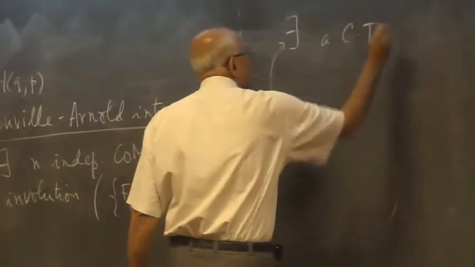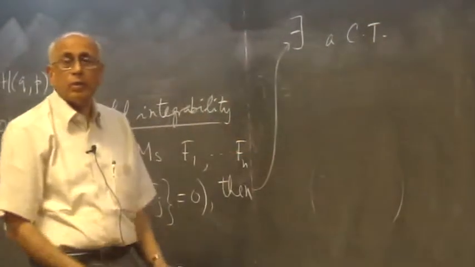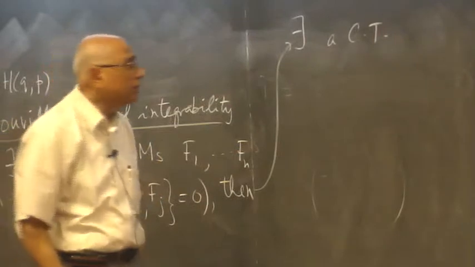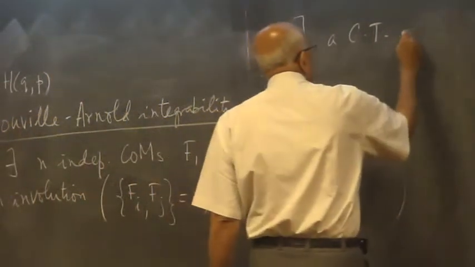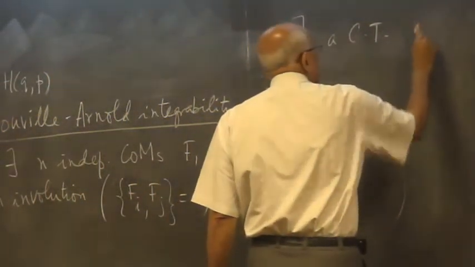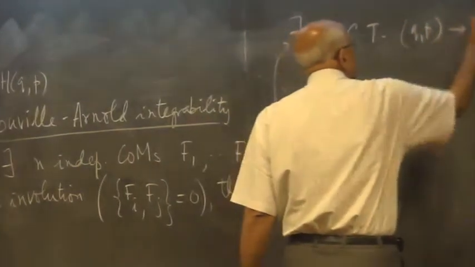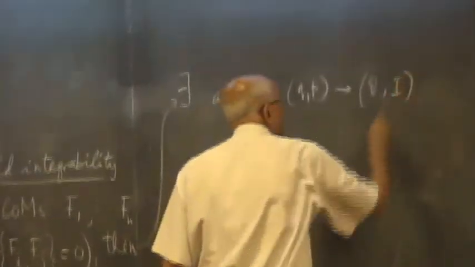a canonical transformation, so the structure of Hamilton's equations is preserved, from Q, P to a new set of variables, theta and I, for example.